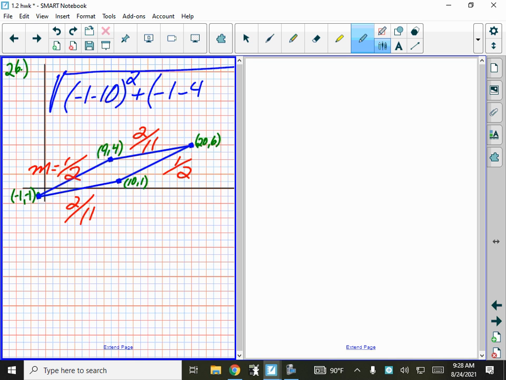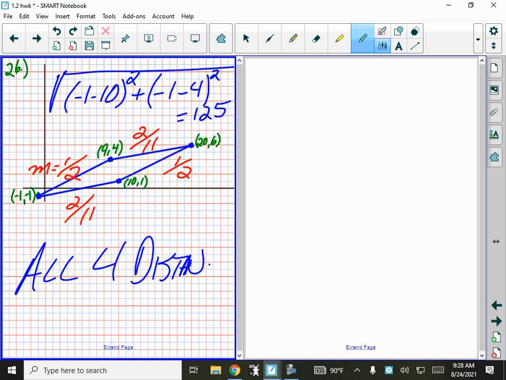So that's the square root of 125. Everybody knows that that's 5 times 5 times 5. So all 4 distances equal 5 root 5. A rather mean problem. Not a quiz question.